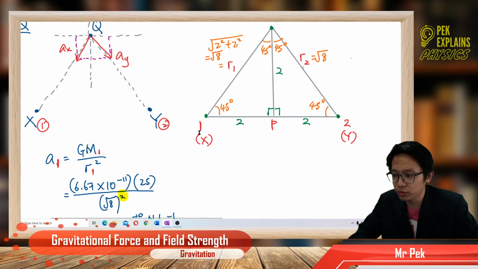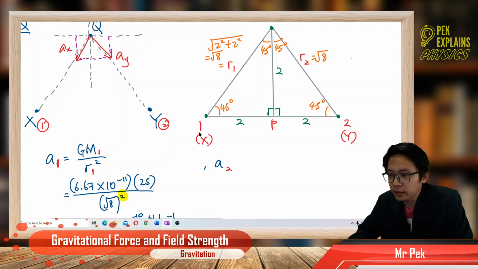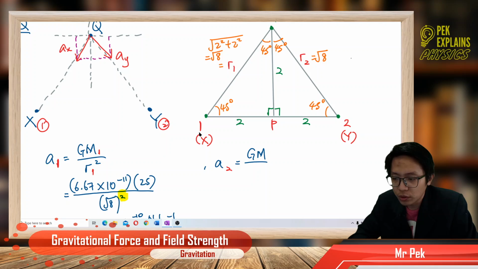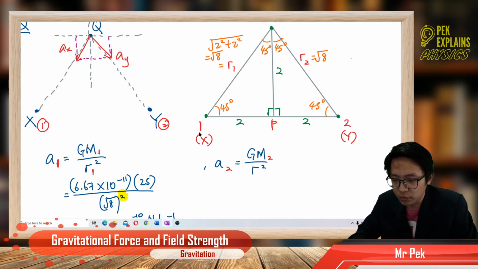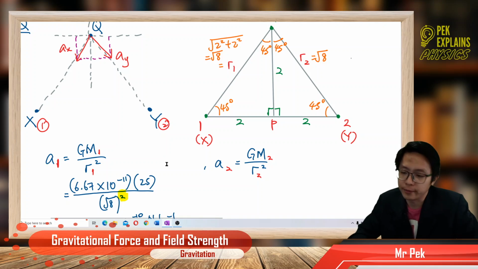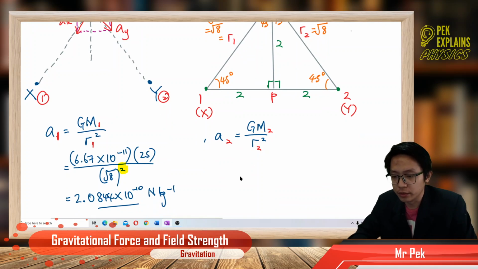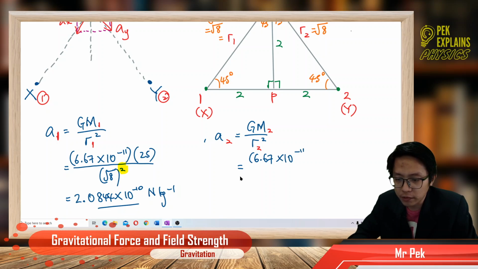Find A2, which is Ay. Okay, so A2 equals G mass 2 over R squared. This is using mass 2, which is the mass Y. Okay, so let's continue. Our G is 6.67 exponent negative 11.